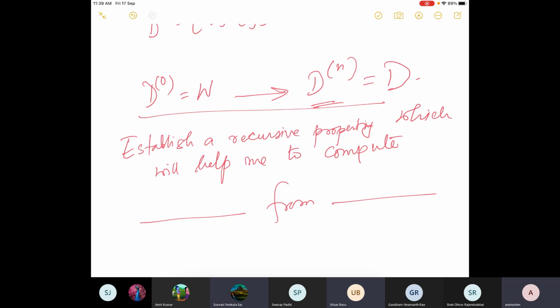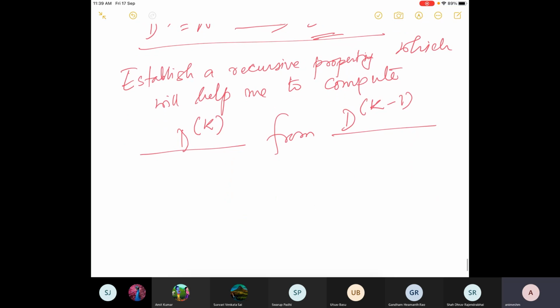Dn, I should be able to compute dk somehow from dk minus 1. And then my question is, what are the different possible ways to compute dk from dk minus 1?